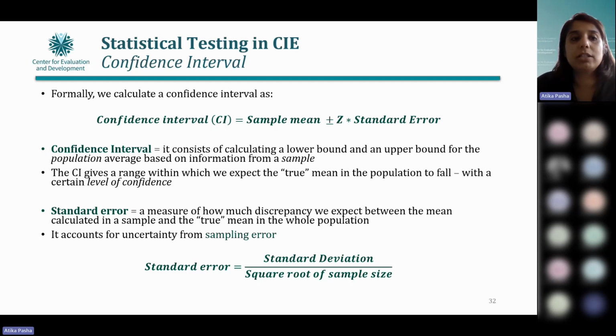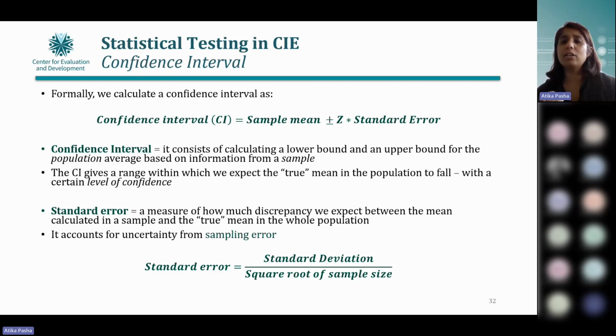So just defining your confidence interval, it is basically able to calculate a lower bound and an upper bound for, let's say, income for your population. So what it will do is it will give you a population average lower bound and upper bound, based on the information from your sample.